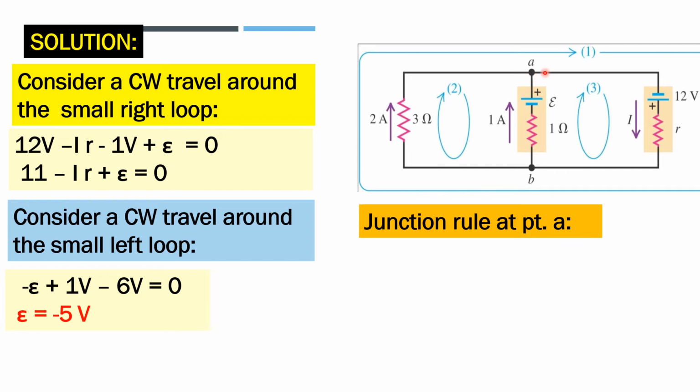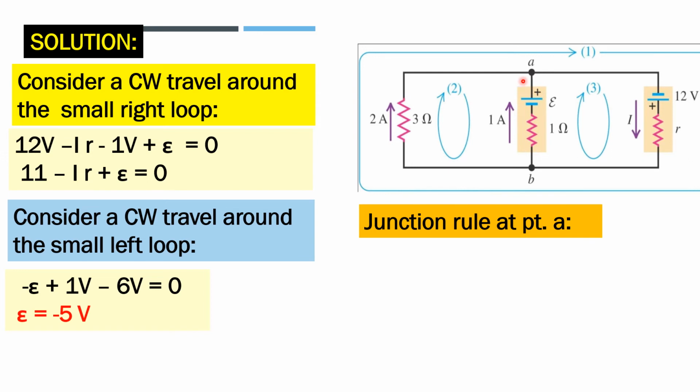If you trace the flow of the 2 ampere current, when it passes through point A, it's actually entering that junction. This 2 ampere current, we say, is directed into the junction point A.